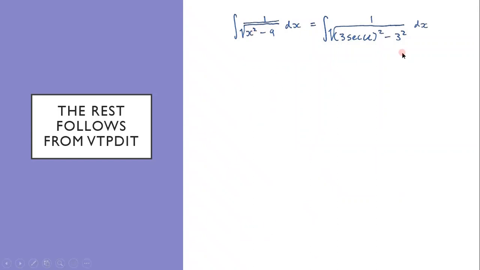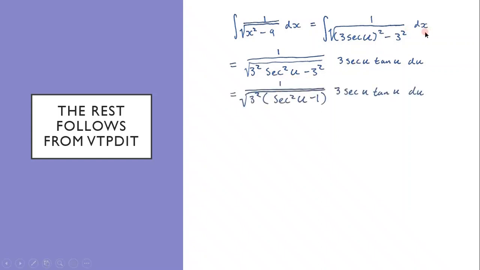So you put in your x, which is 3 sec of u, and then you evaluate it to get 3 squared sec squared of u minus 3 squared. And of course put the dx in. I didn't have enough room to write it on the paper, so I just put it into the next step.